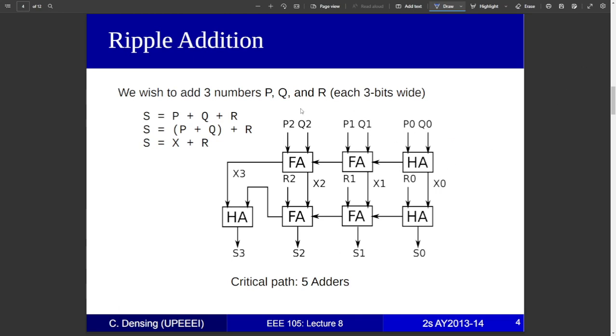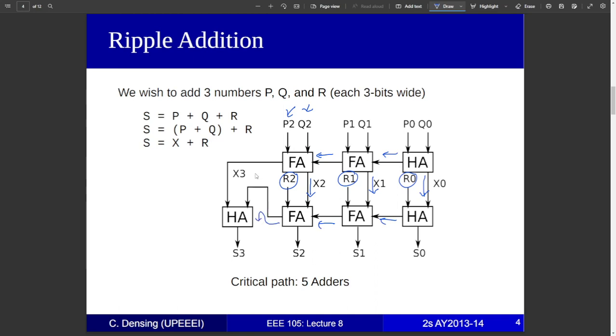But basically, you can use an initial set of adders to add each of the bits of P and Q, and produce carry out bits from there. And the carry out bits, of course, go to the next adder down the line over here. But the sum bits, we pass over to a next layer of adders, where the bits of the next number to be added are put into the addition, whose carries are also passed along the line.